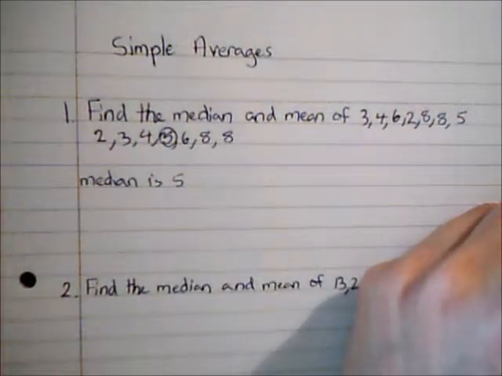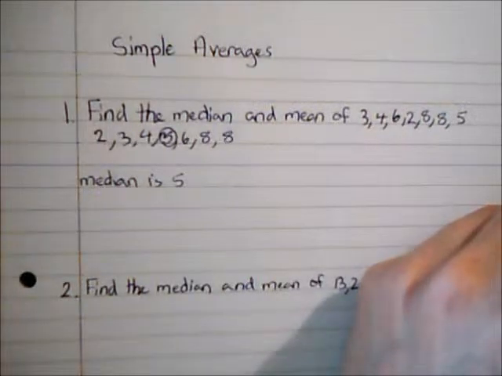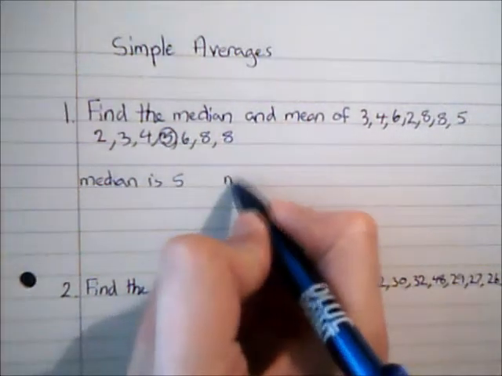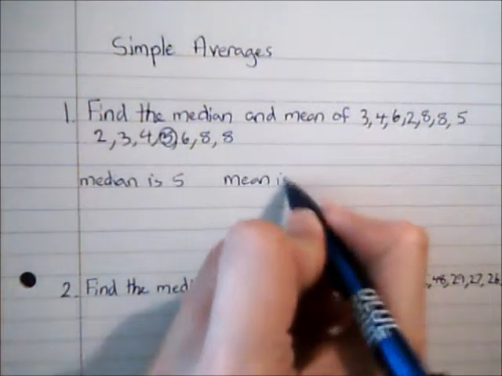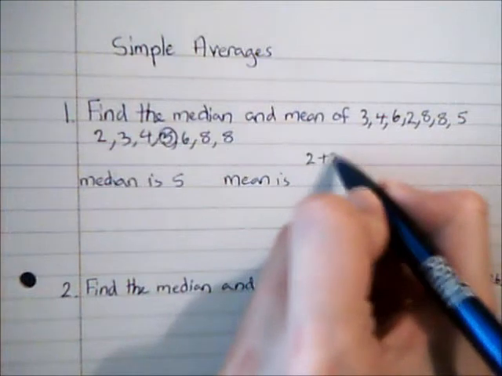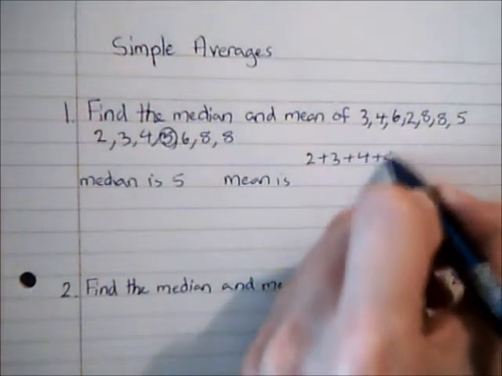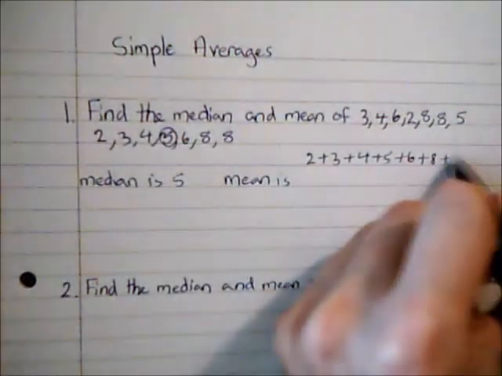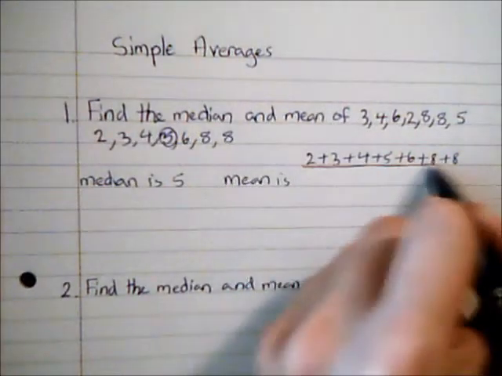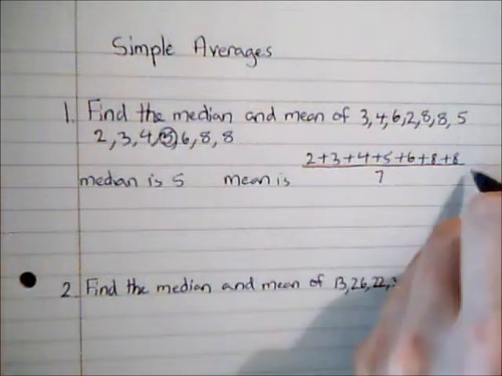Now to calculate the mean, I'm going to find the sum of the data and then divide it by the number of bits of data. So the mean here is going to be 2 plus 3 plus 4 plus 5 plus 6 plus 8 plus 8 all over 7.